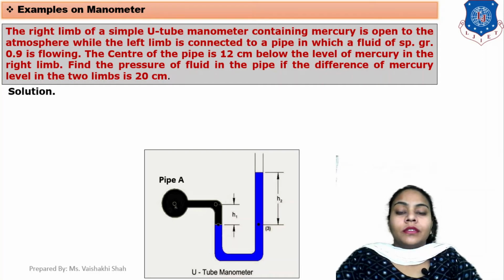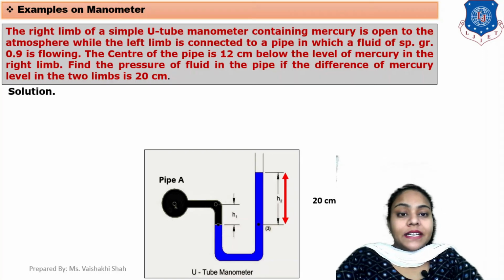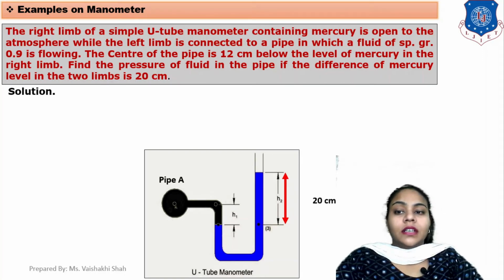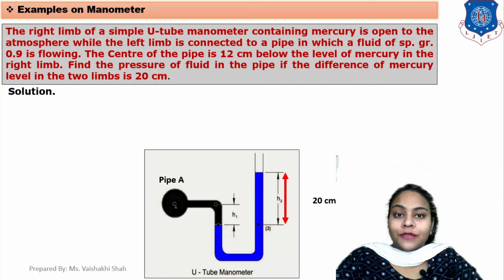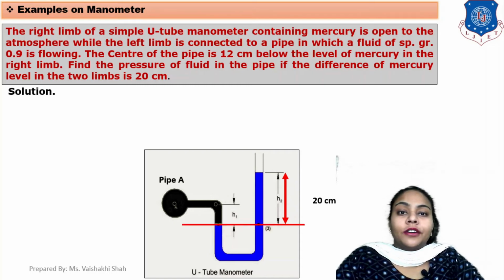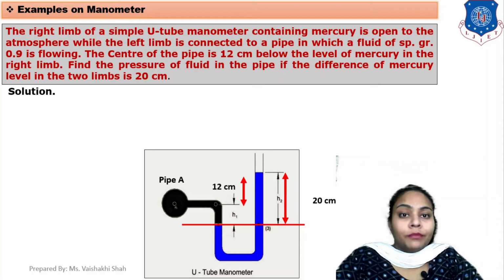This height is 20 centimeter, so the difference of mercury level is 20 centimeter, as indicated in the diagram. This is your baseline AA. The center of the pipe is 12 centimeter below the level of mercury, and it indicates that distance.